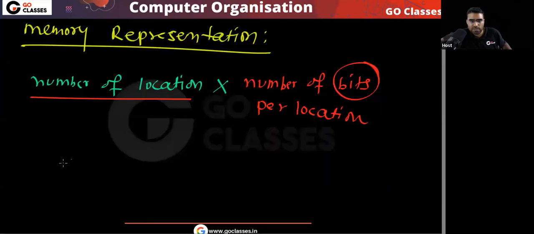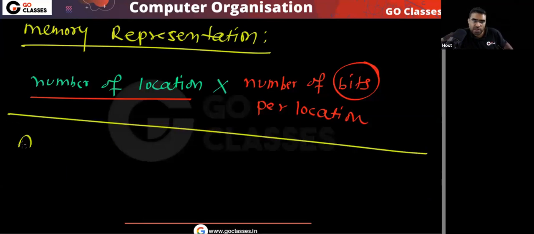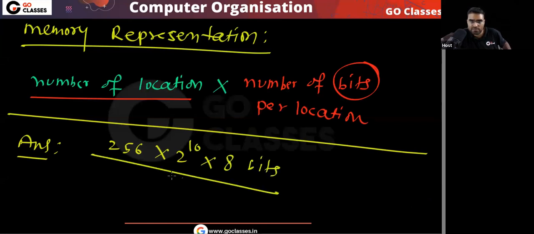So the final answer will be 256K. K means 2 power 10, and byte means 8 bits, so now you have it in bits. Below, you have 32K, that is 2 power 10 into 1 bit.